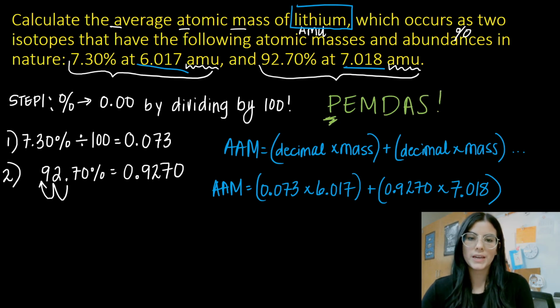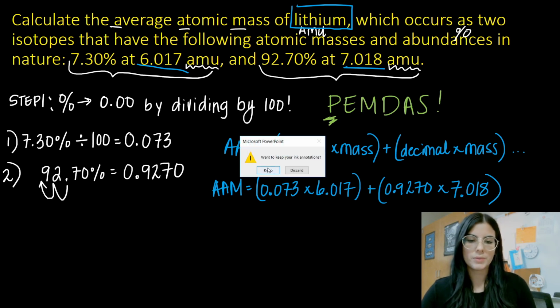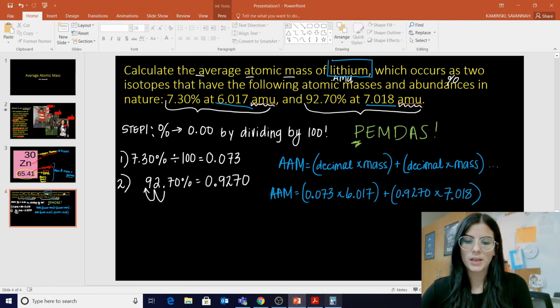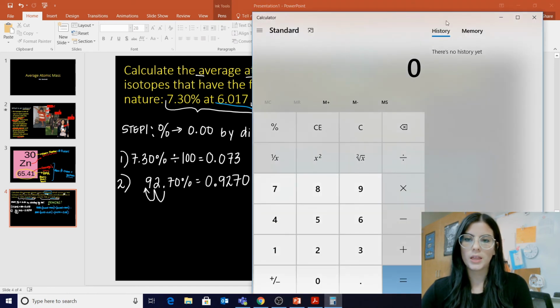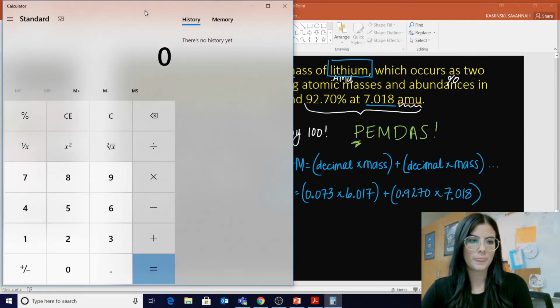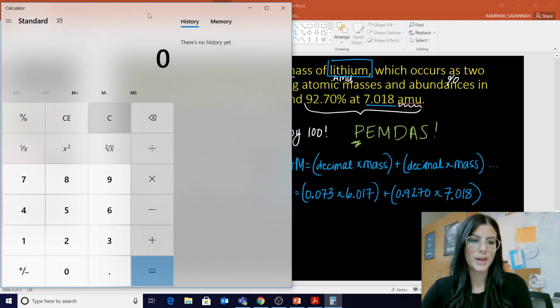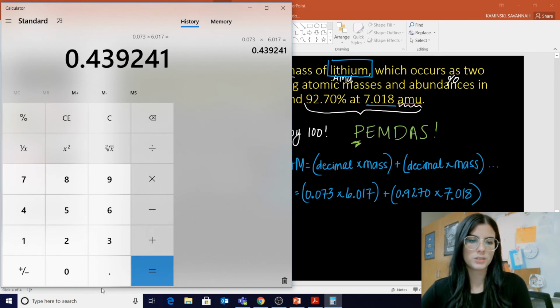First thing we're going to do is take care of our parentheses. So let me get out of this. I'm going to keep my annotations. Let's go to our handy dandy calculator. Okay, so we got 0.073 times 6.017 equals.